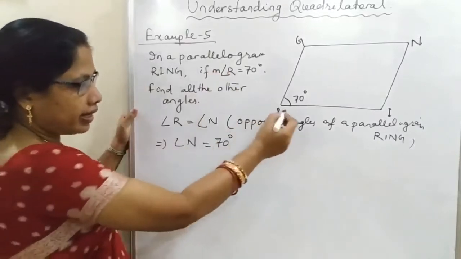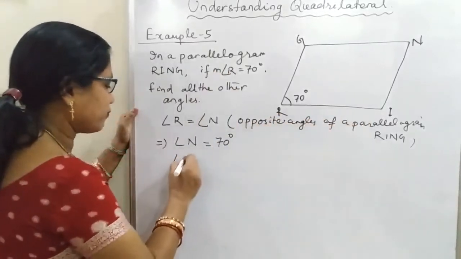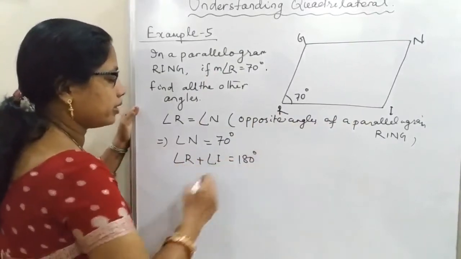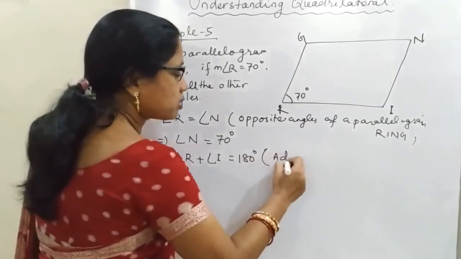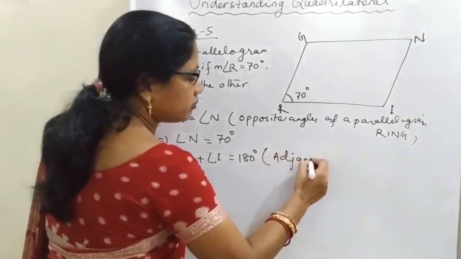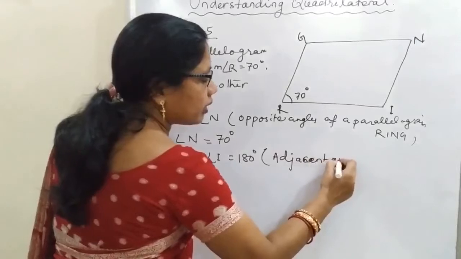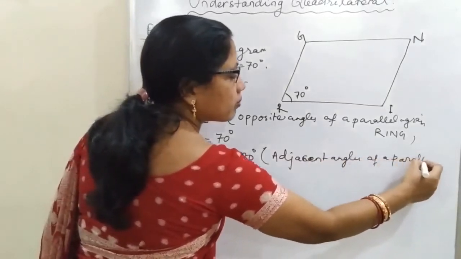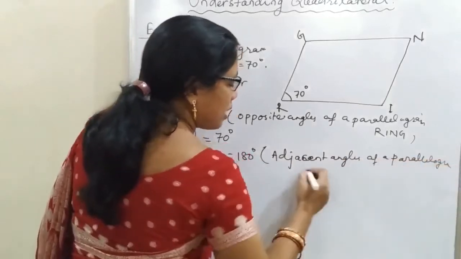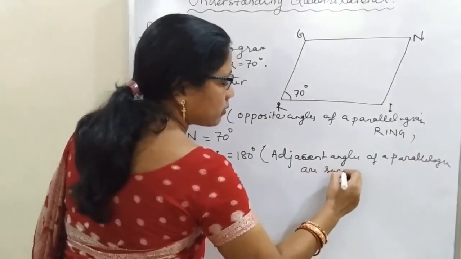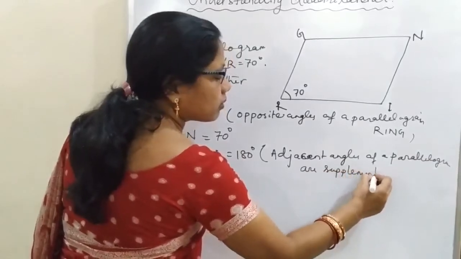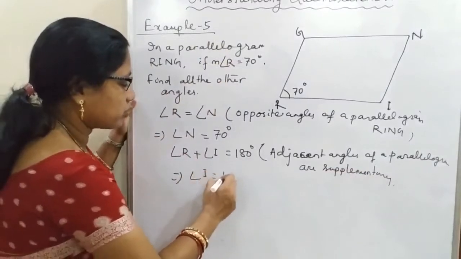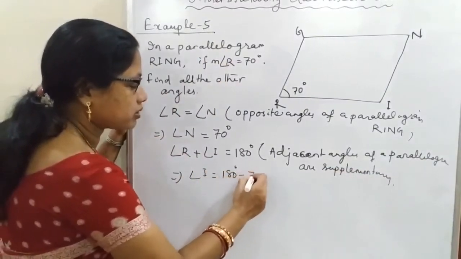Then angle R plus angle I is equal to 180 degree. That means because adjacent angles of a parallelogram are supplementary. So this implies angle I is equal to 180 degree minus 70 degree.